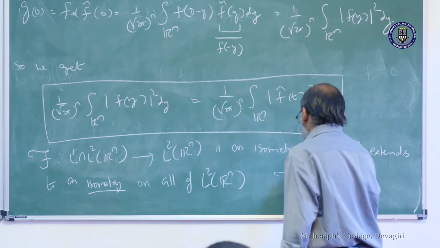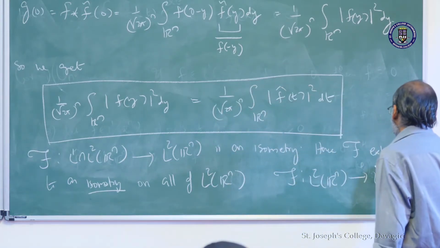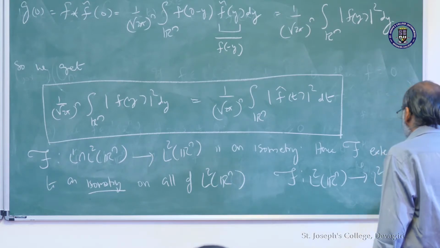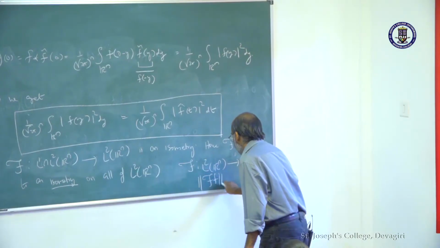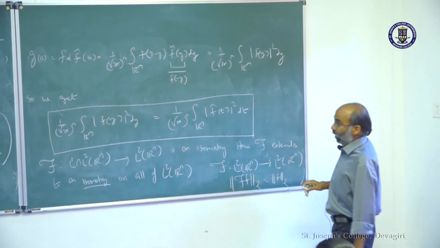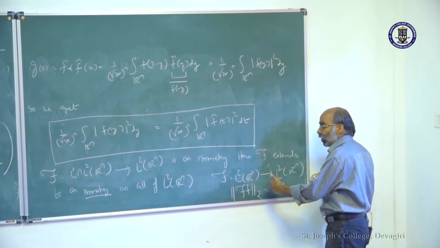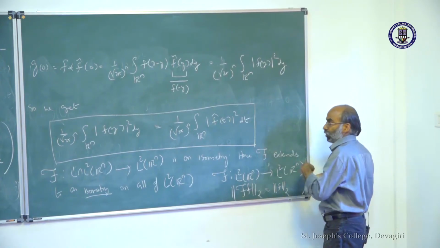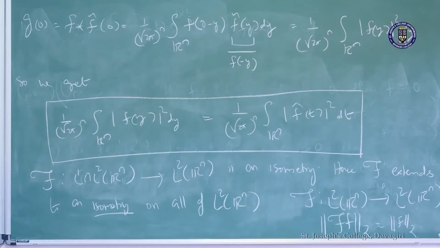So, script f becomes a map from L2 of Rn to L2 of Rn, with the property that the L2 norm of script f of f is the same as the L2 norm of f. That is what we mean by an isometry. Of course, unitary would mean isometry onto, so we have to prove that the range is the whole space. The extension is something you should keep in mind.